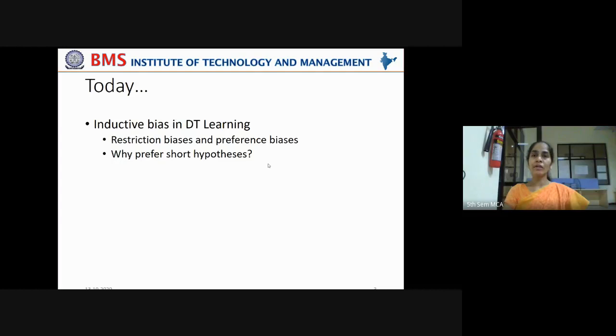So it is not wrong to make some assumptions or have an inductive bias while learning about the training examples. Okay, now in today's class, along with the inductive bias we learned in the previous session, that is, shorter trees are preferred over longer or complex trees, and the statistical measure used to select the shorter trees is information gain.